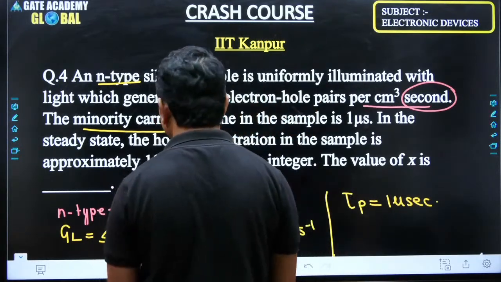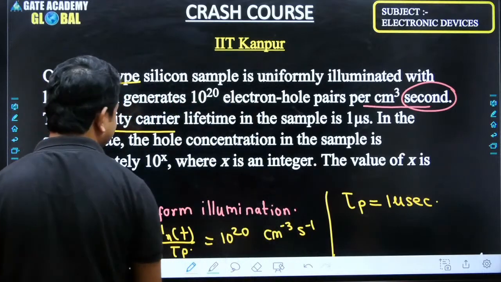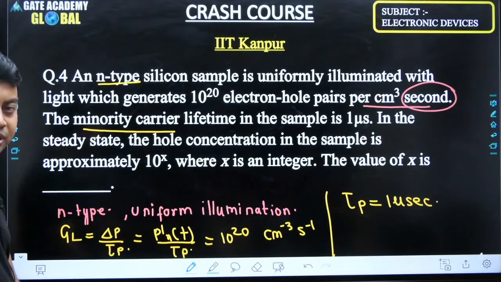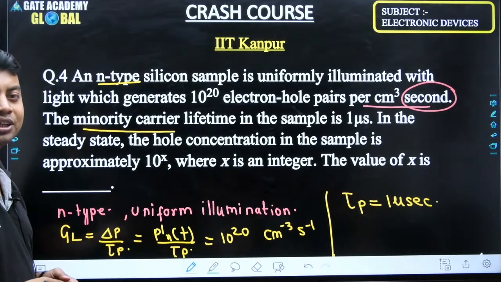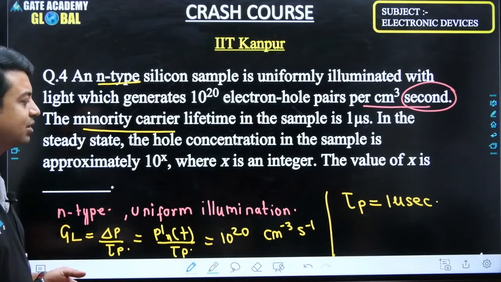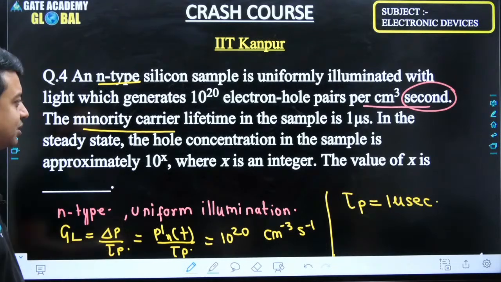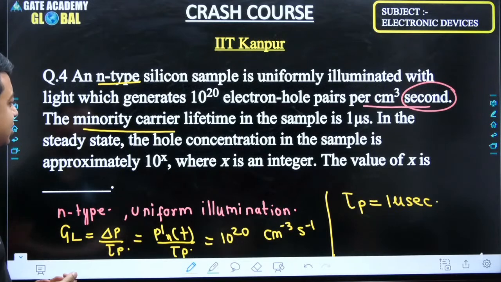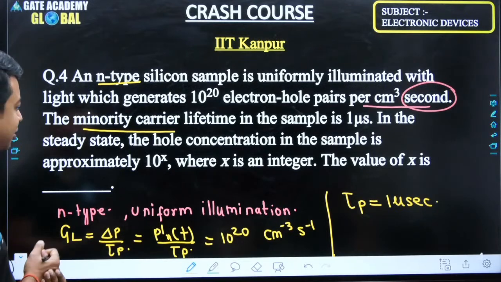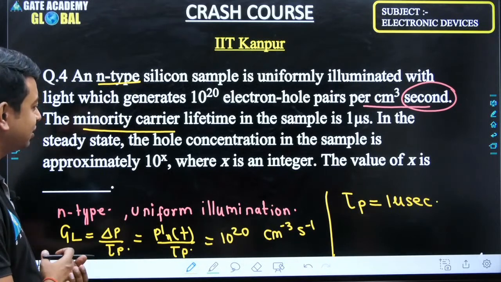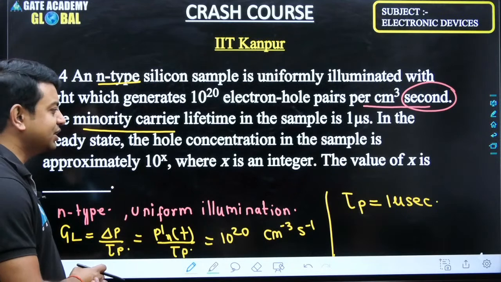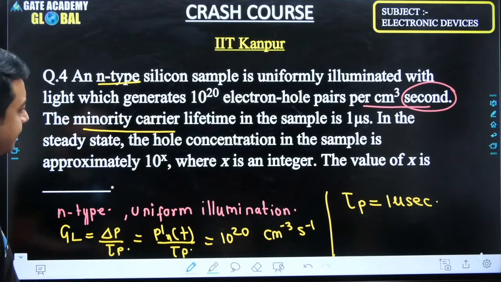In the steady state means whatever the condition is, the semiconductor is placed in that condition for a long enough time, so now it has come to the steady state condition. In the steady state, the hole concentration in the sample is approximately 10 to the power of x, where x is an integer. What is the value of x?